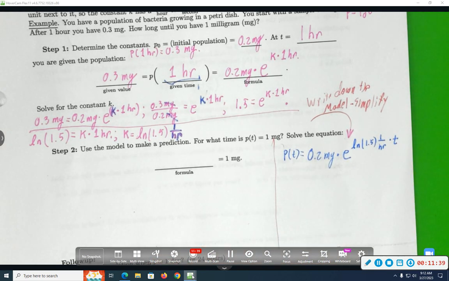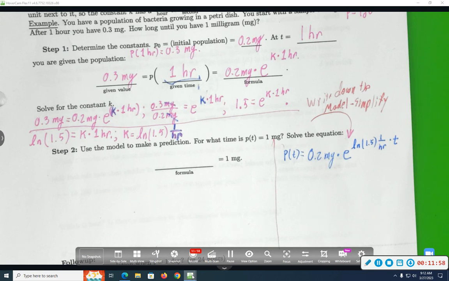And if you suppress all the units, then the milligram and the 1 over an hour will disappear. But then you'll have to remember that time has to be in hours. Which is fine, but it's something you'll have to remember. This way the formula tells you what it means.